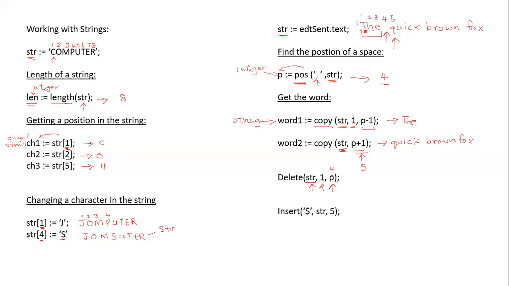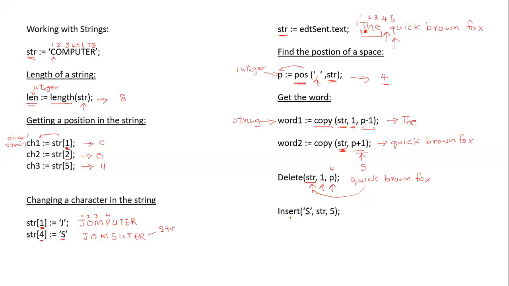So I'm taking 4 characters from position 1 and I'm deleting it in str. So that will return, in other words, it will delete the first word and give me quick brown fox, and that will be now stored in the variable str.